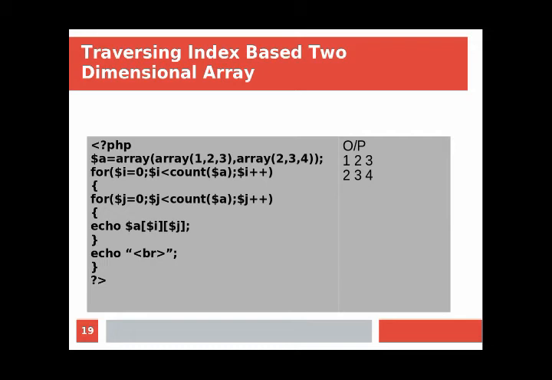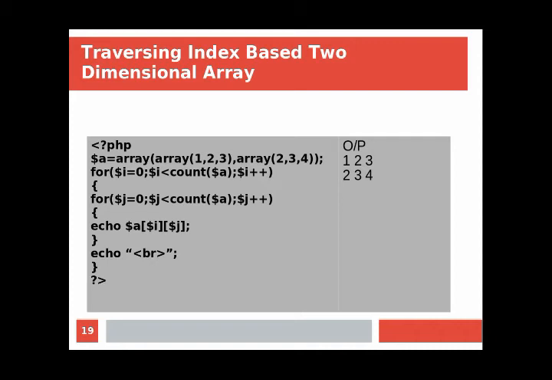Remember that here I we have taken for the row and j we have taken as the column. So $j equal to 0 semicolon, $j less than count of $a semicolon and $j plus plus. So again here the column is incremented.